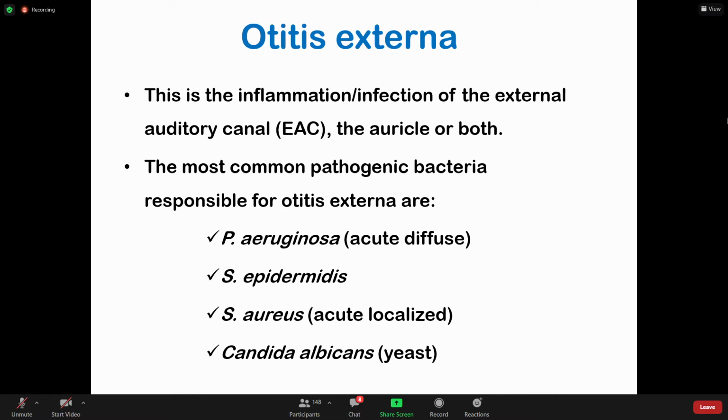Staph aureus tends to cause an acute localized infection, so you tend to have the purulent lesions localized. Candida albicans is another microbial agent that could give rise to this condition, again in patients with diabetes mellitus or patients who are immune compromised for some other reasons.